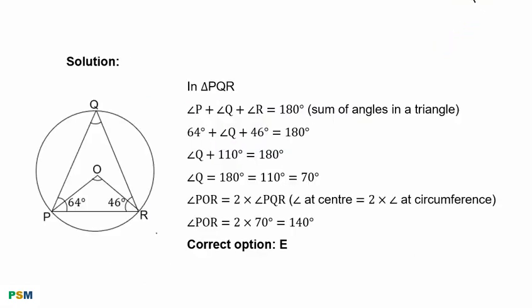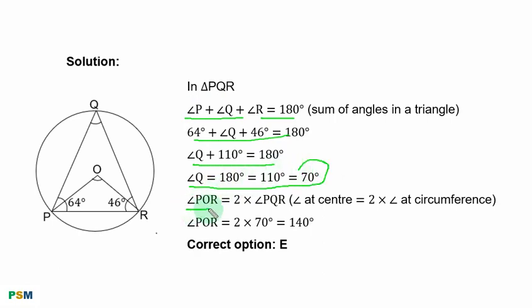Solution: in triangle PQR, if you add the 3 angles, the sum is equal to 180 degrees. You replace angle P and angle R with what they stand for. You add and you get this result. You collect like terms. Angle Q is equal to 70 degrees.